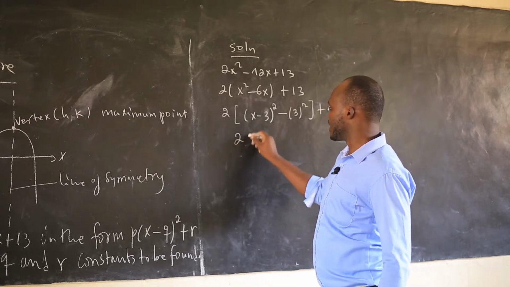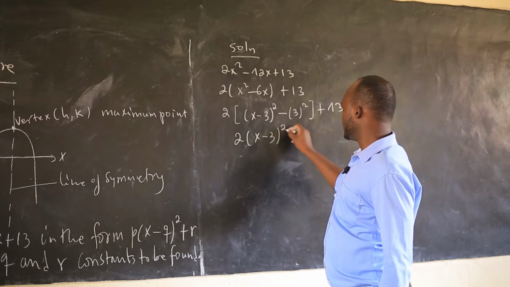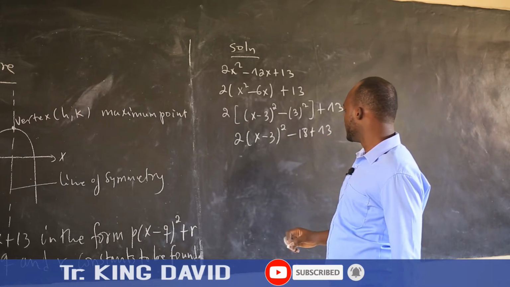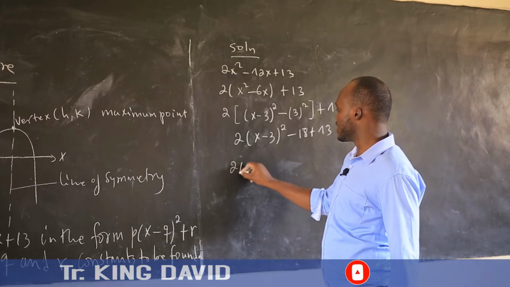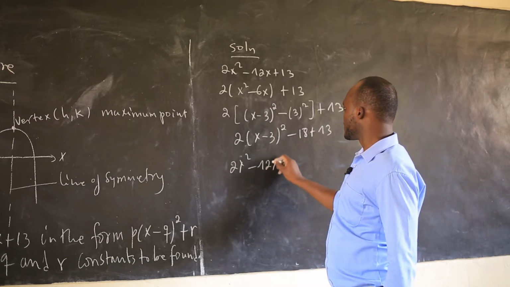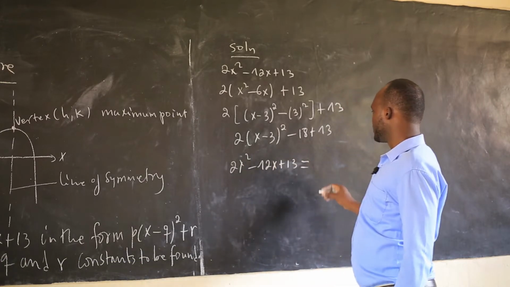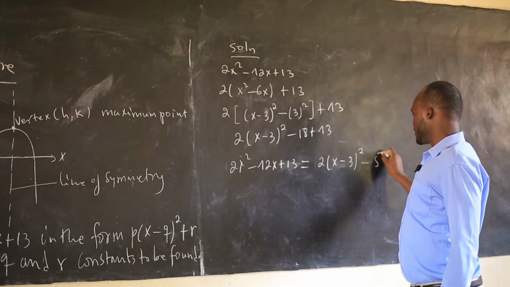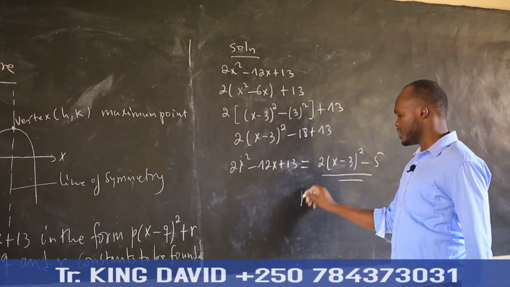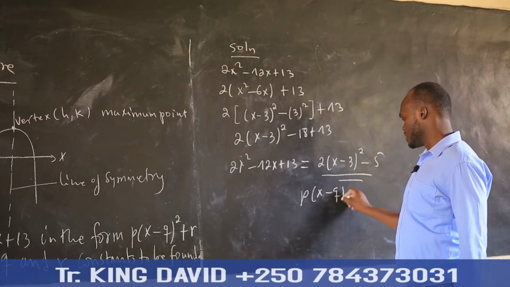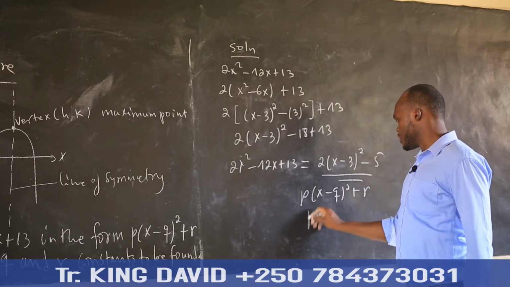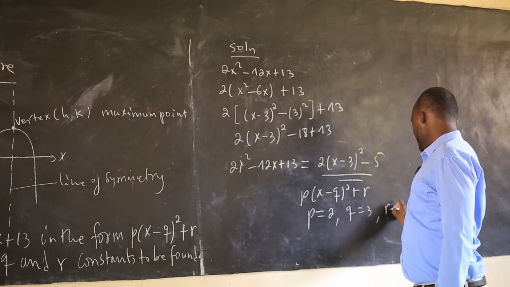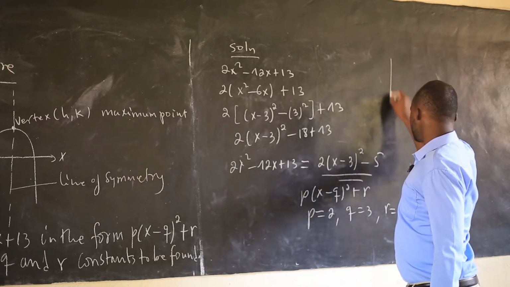So this is 2 into bracket (x minus 3) squared. This is 9 times 2, that's negative 18, plus 13. So 2x squared minus 12x plus 13, the answer is 2(x minus 3) squared minus 5. If we compare this with p(x minus q) squared plus r, our p is 2, our q is 3, then our r is negative 5. So we are done with that number.